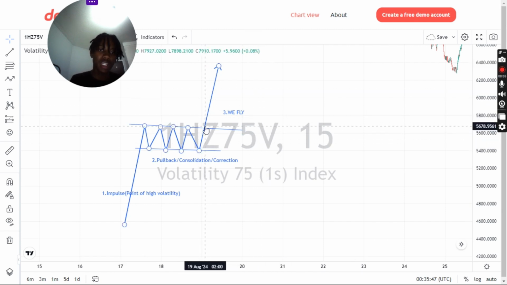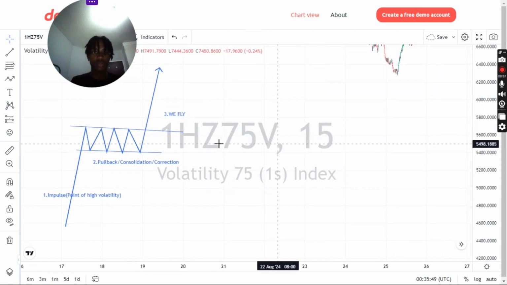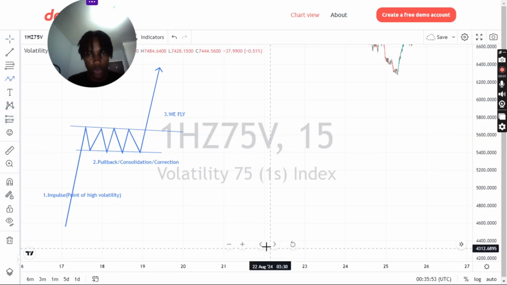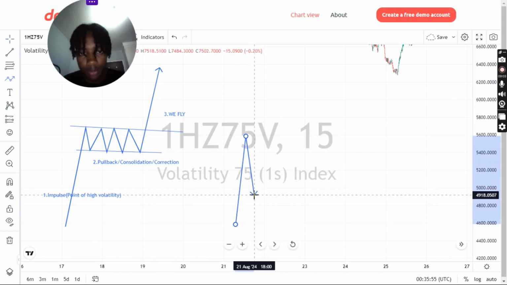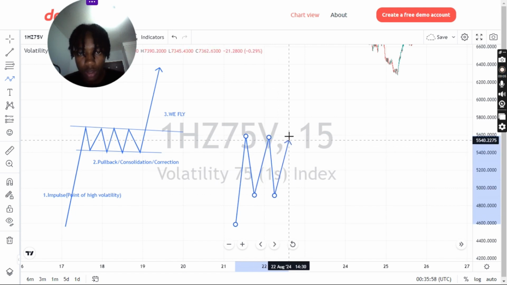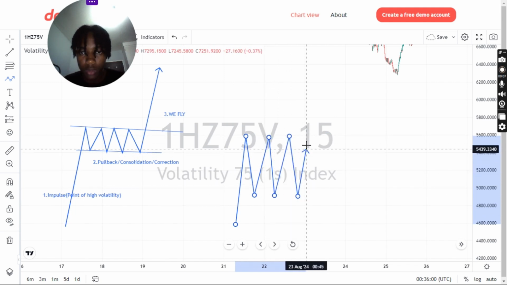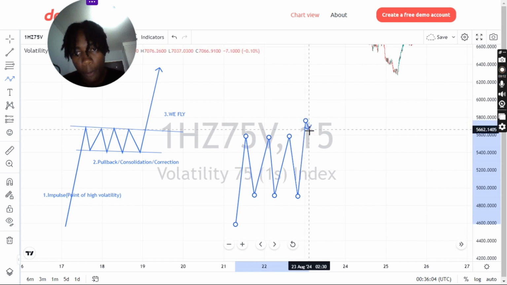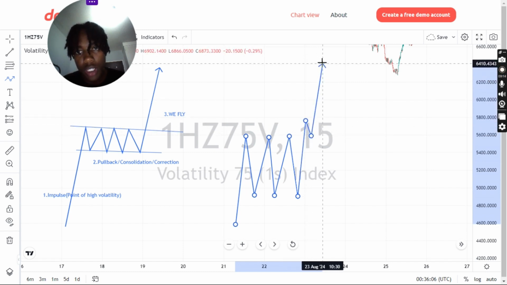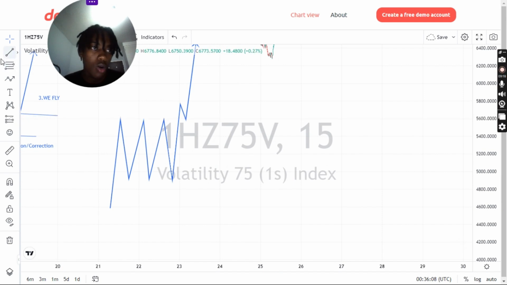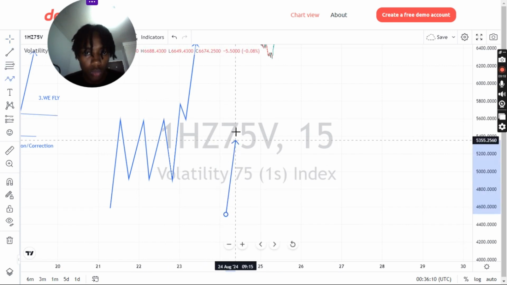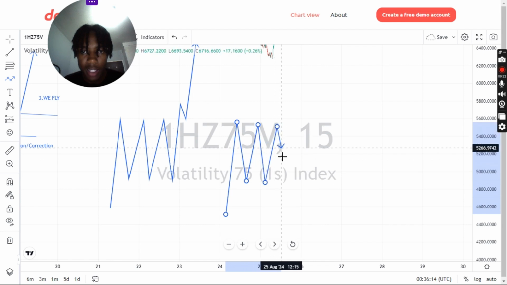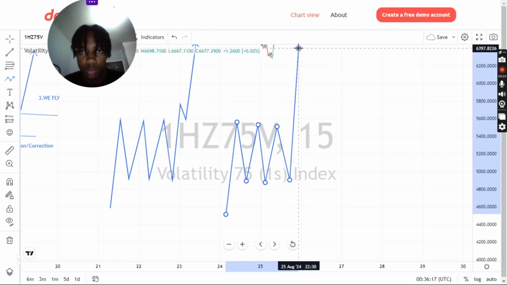Where do we take our entries? At the break. So let's say we've zoomed in to this point over here. We have our correction over there. When we break, we're going to have either 1, breakout, retest and continue, or 2, a clean break.